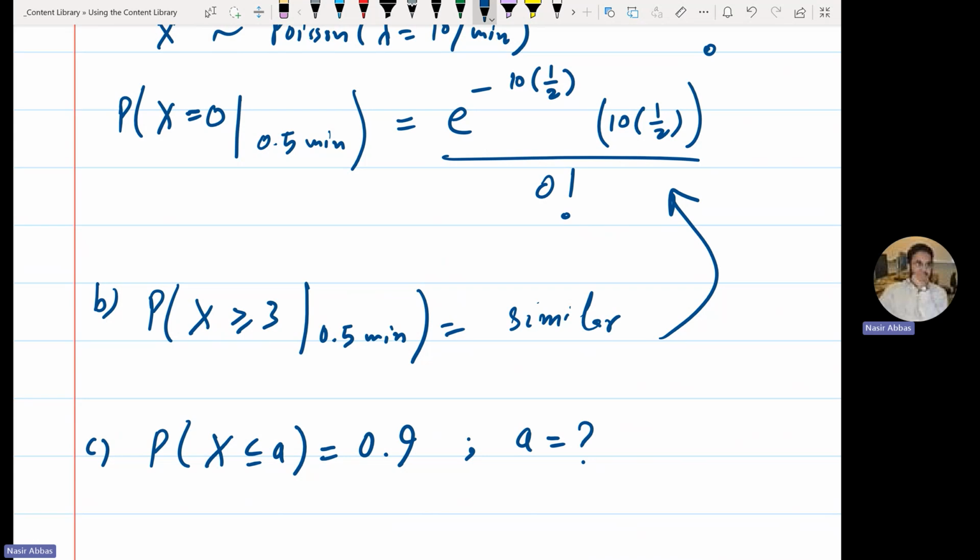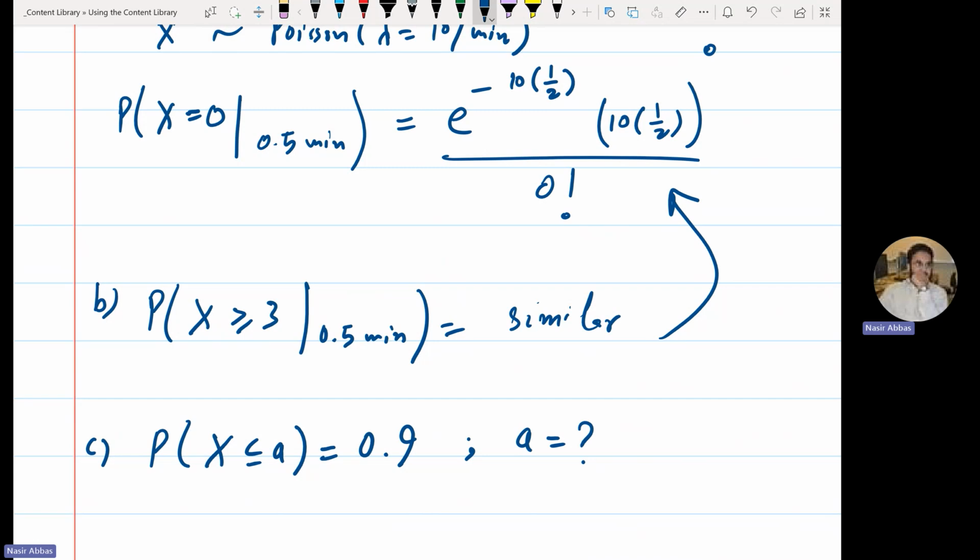This is actually a question of percentile. From probability distribution perspective, we are asking you for the 90th percentile. 90th percentile is the value for which less than equal to probability is 90, correct? We're asking you for the 90th percentile.